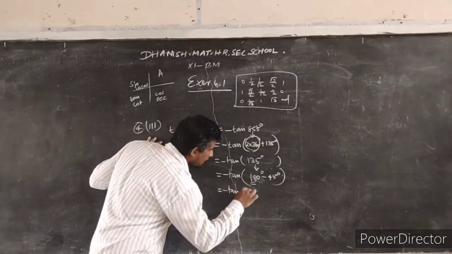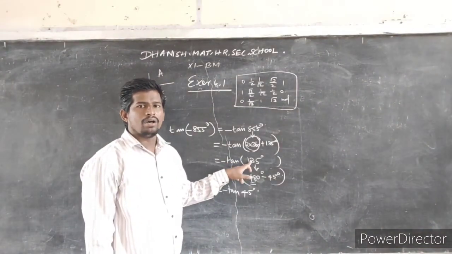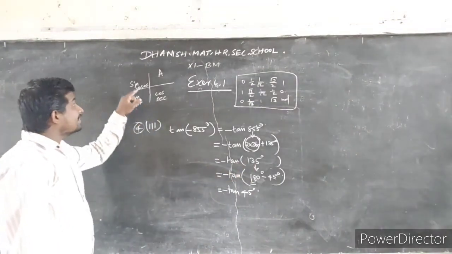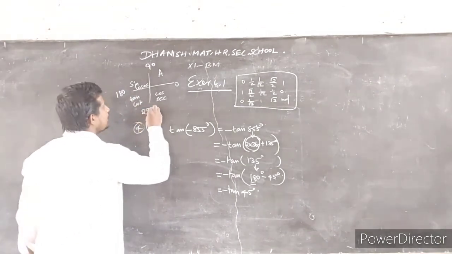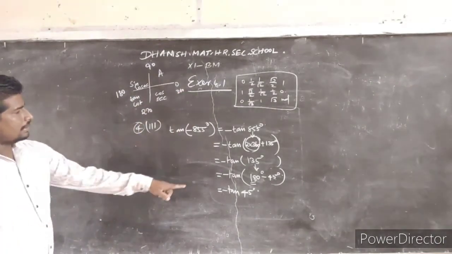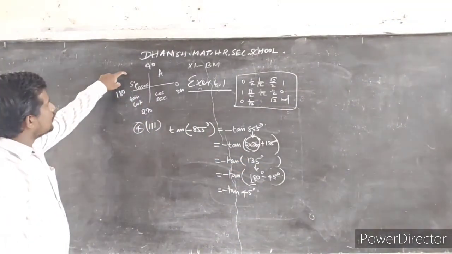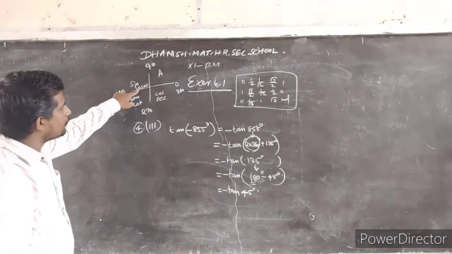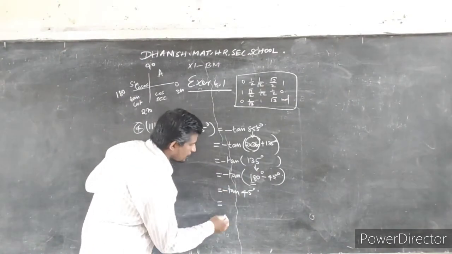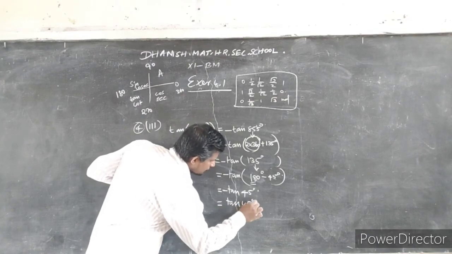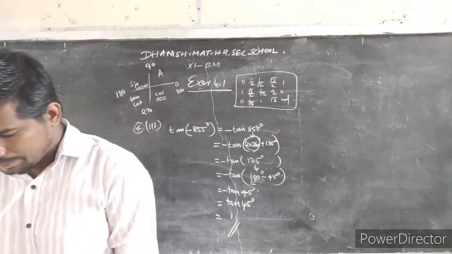So minus tan 45 degree. 135 degree lies in the second quadrant: 0 to 90, 90 to 180, 180 to 270, 270 to 360. In the second quadrant, sine and cosecant are positive, but here we are having tan, so it is negative. Already we are having one negative, so minus and minus is plus, so tan 45 degree is 1, the required value.